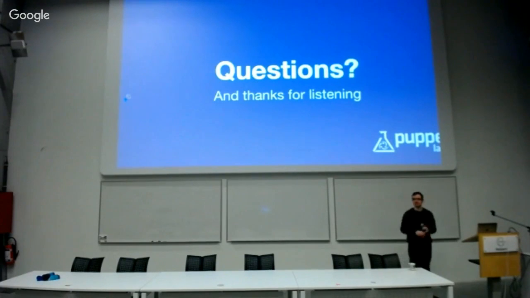Oh, question over there. So the question there is, the example I showed for listing packages actually executed a command I didn't show, the shell script for listing packages on Ubuntu.